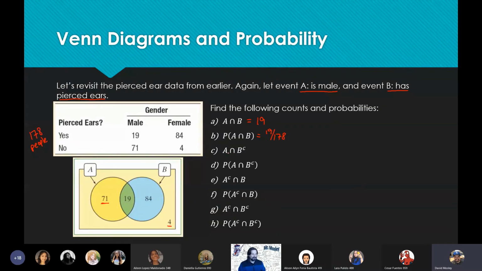I can only consider things that are part of A and not part of B. That leaves just the 71. So the probability will be 71 out of 178. Any questions about that one?